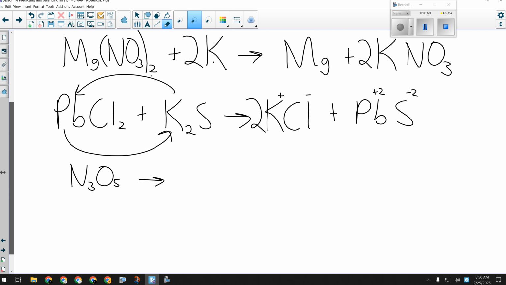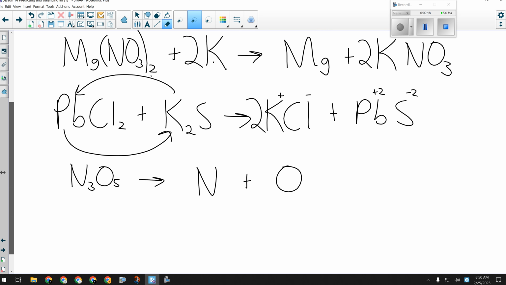In a decomposition reaction, what's that compound going to do? Split, yeah. That's going to leave me with nitrogen and oxygen. What do I need to remember about both of them? They're special. They're both special. Those are the little details that can trip you up.